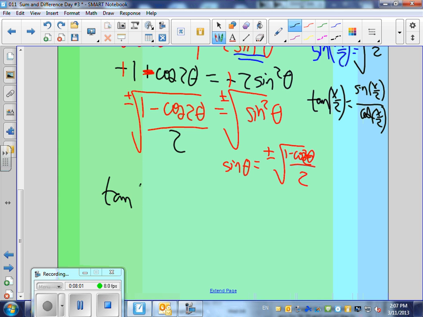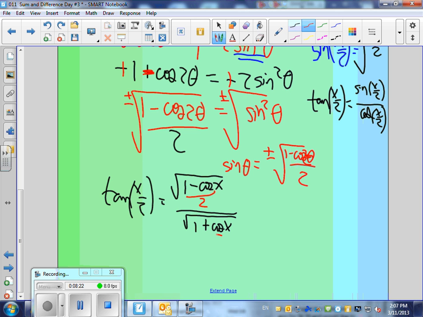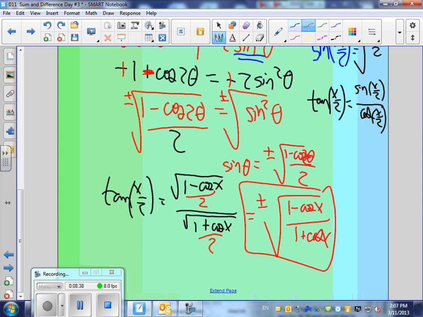Tangent of x over 2 is going to be the square root of 1 minus cosine x, over 2, divided by the square root of 1 plus cosine x, over 2. And what happens to these over 2's? They're going to cancel to give you plus or minus the square root of 1 minus cosine x over 1 plus cosine x. Would you put a box around that?